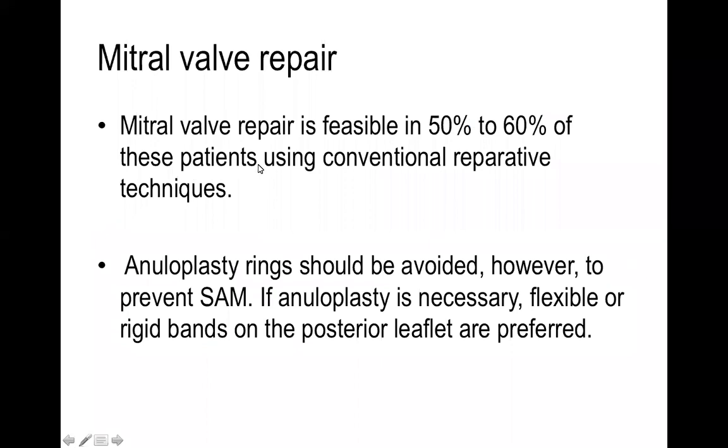Mitral valve repair is feasible in 50 to 60% of these patients, and you have to avoid the annuloplasty ring. However, to prevent SAM, if annuloplasty is necessary, flexible or rigid bands on the posterior leaflet are preferred.